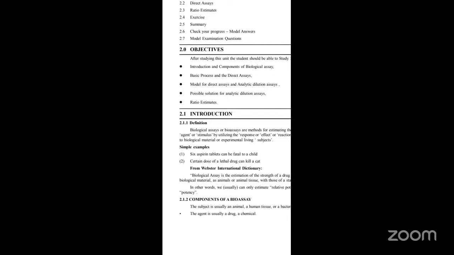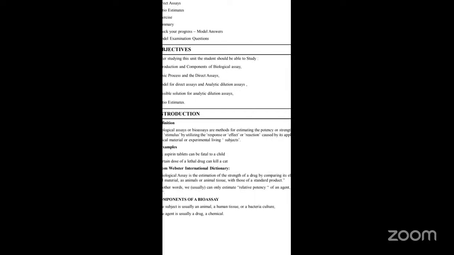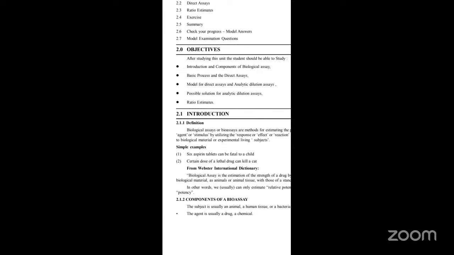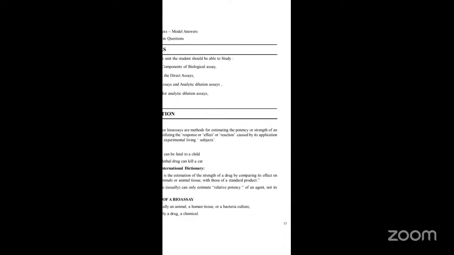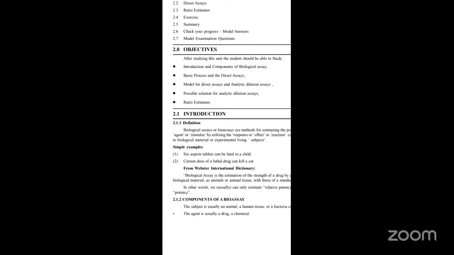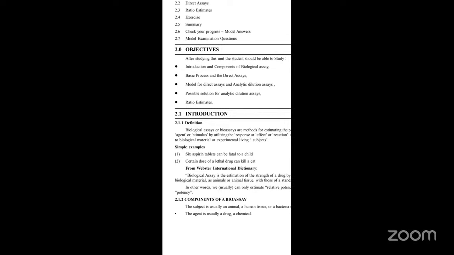In other words, we can usually only estimate relative potency of an agent, not its potency. Only relative potency we will estimate. So, components of a bioassay: the subject is usually an animal, a human tissue, or bacterial culture. The agent is usually a drug, a clinical chemical.